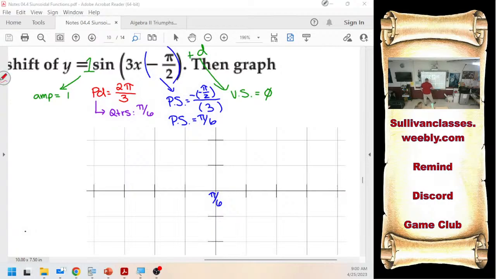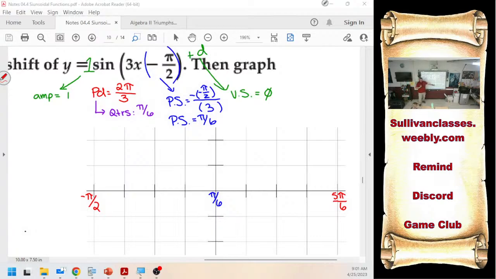I said blue. So the closer one will be 2 pi over 3. That one is the next.